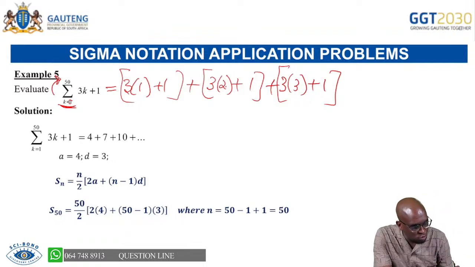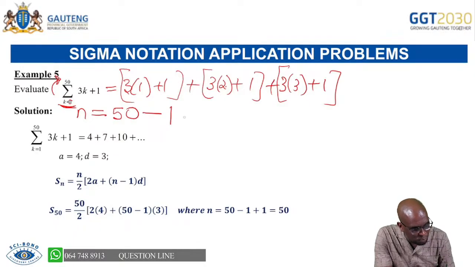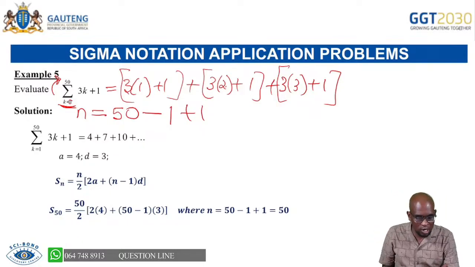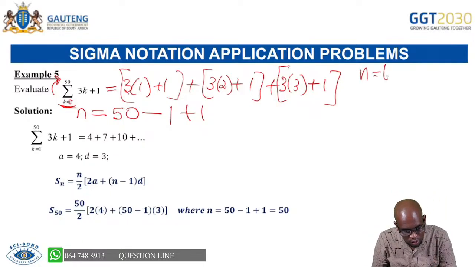Remember now, to get the number of terms, it would always be upper index, top, minus lower index, bottom, plus 1. So with sigma notation, n will always be the top n value minus the low n value plus 1.